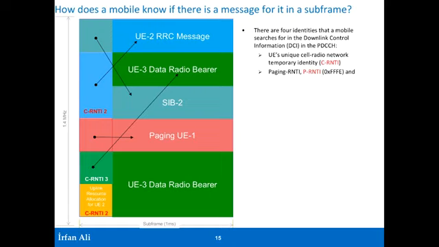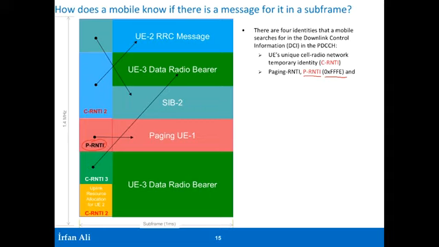The other identity that the mobile is looking for is called the paging radio network temporary identity, P-RNTI, which is the same for all mobiles. It is the same value, FFFE in hex notation. Over here we provide the example that the RNTI was for mobile UE number 3.